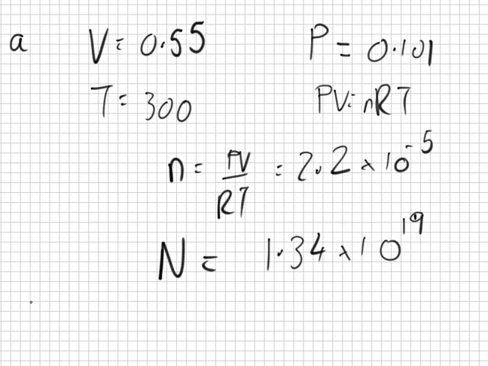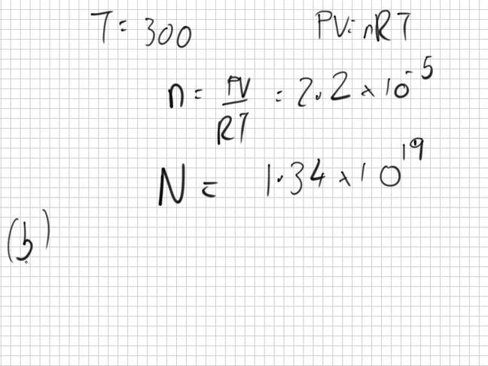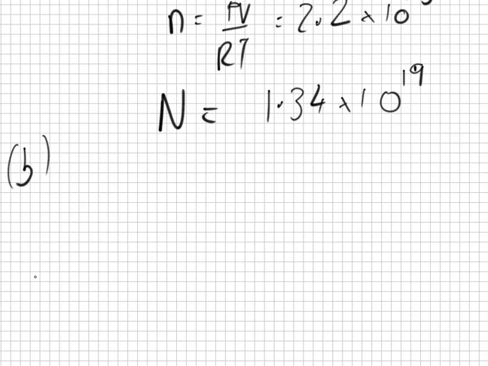B now. A steel cylinder for storing gas at high pressure contains helium at a pressure of 180 atmospheres. So that's 18,180,000 pascals.